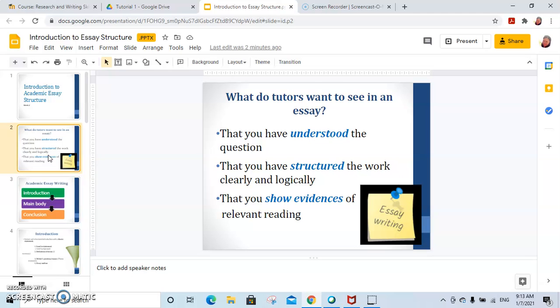Okay, now only after you have understood the topic and its requirements will you be able to plan and produce a structured piece of essay which is logical, coherent, and with precision.